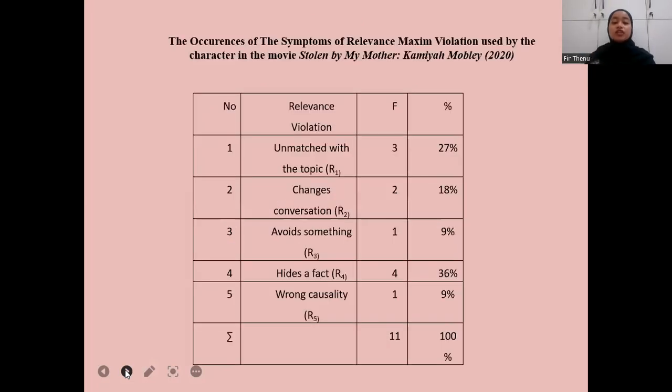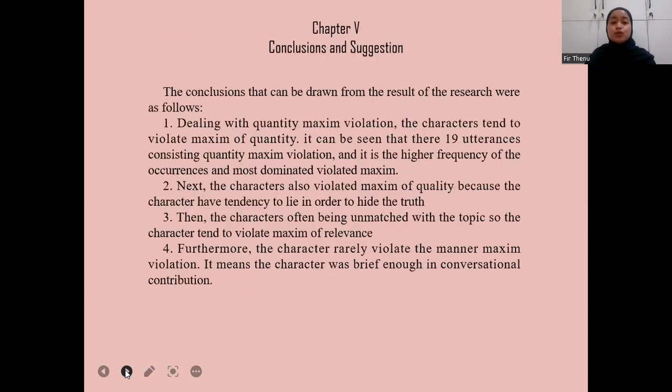So the findings of the research: the researcher found the answers to the research questions and the purposes of the research, which are to classify the maxim violations performed in the movie Stolen by My Mother 2020, and to find the most violated maxim in the movie.